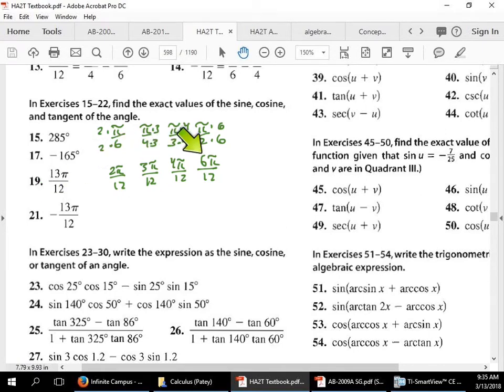What if I went 6 pi plus 2 pi plus 3 pi? 2 plus 3 is 5, plus 6 is 11. Oh wait, I need 13. What if I do 3, 4, and 6? Is that what you guys said? Okay, well, that's kind of boo. I kind of wish there was a better way to do that. That's when there's 3 of them. If there's 3 of them, you can start crying because your life sucks.